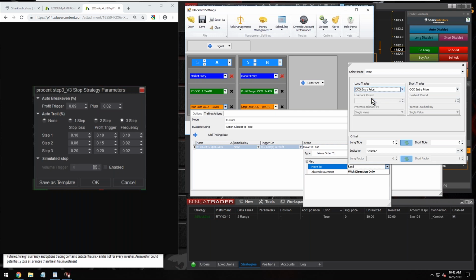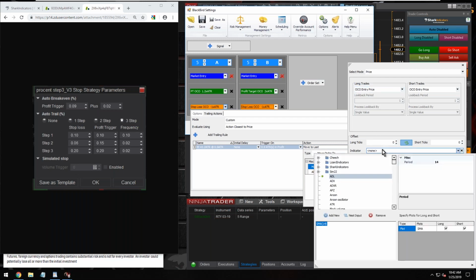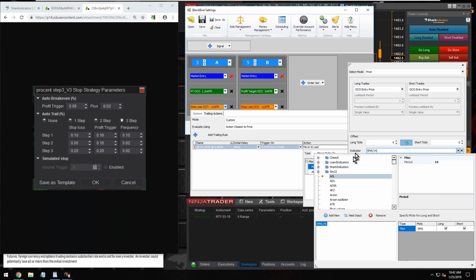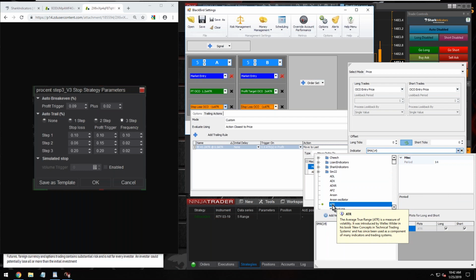And then we're going to add that 0.2 ATRs. So we're going to come down here to the offsets, right? So we want to offset that stop loss from the entry price, right? From the break-even price. So let's open up the indicator list and let's select our ATR. And there's our ATR.